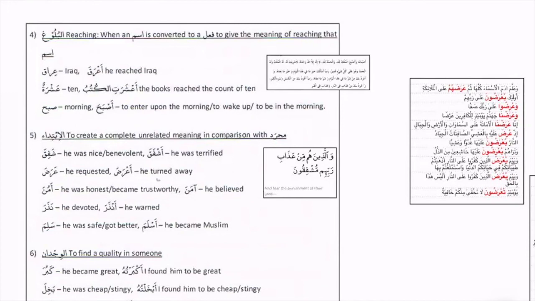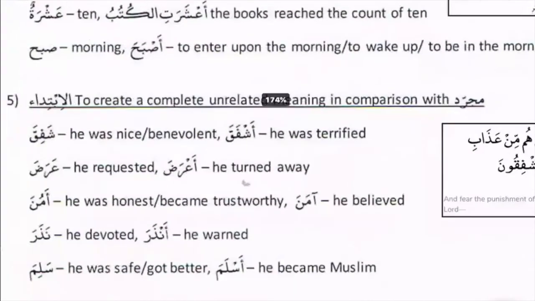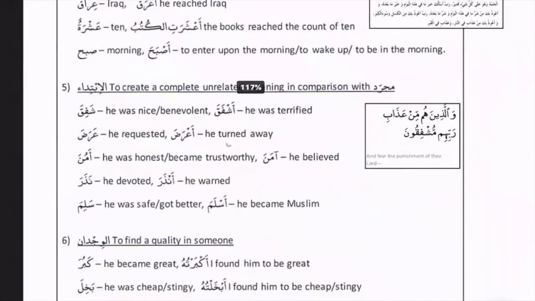Asharatun means 10. Ashara-l-kutub means the books reach the count of 10. Sabaha means morning. When I say asbaha, family 4, af'ala, it means to enter upon the morning. We say asbahna in the morning azkar, right? Asbahna wa asbaha-l-mulku lillah. So, O Allah, I have entered the morning, right? So this is the implication over here.